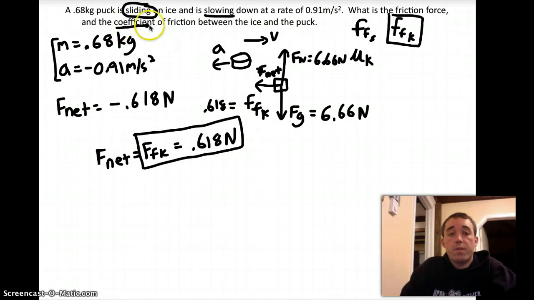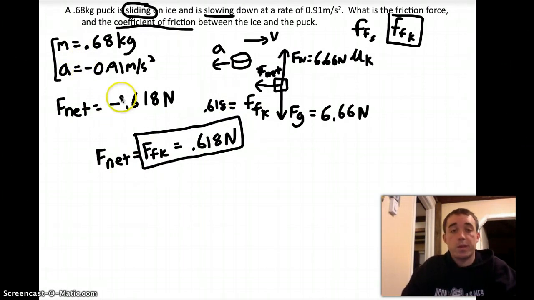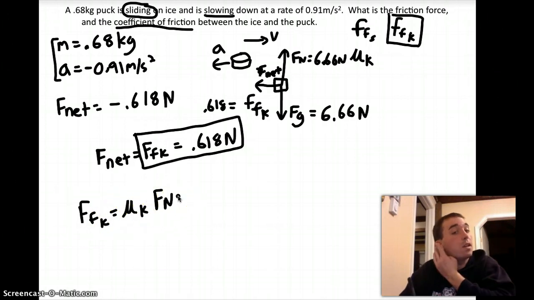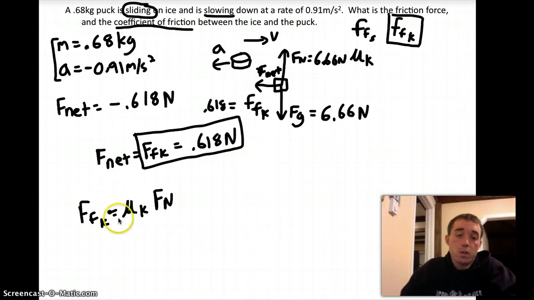To determine the coefficient of friction, once we know this friction force from our free body diagram, using Newton's second law to determine what the net force was, using the free body diagram to realize that the net force is the same as the friction force, we can simply plug into our F_fk equals mu k times the normal force to determine what the coefficient is.